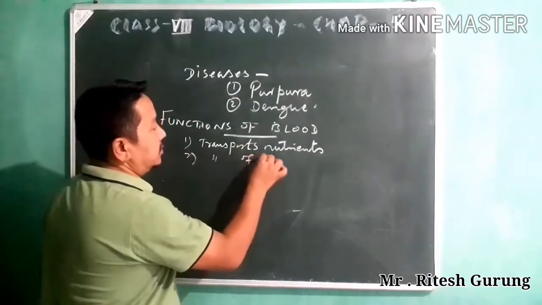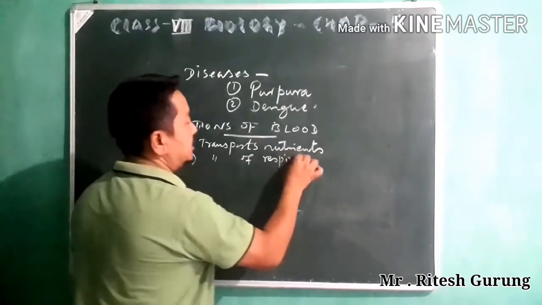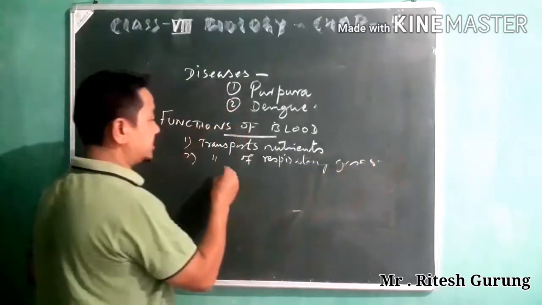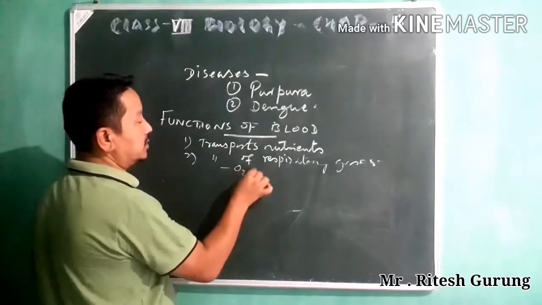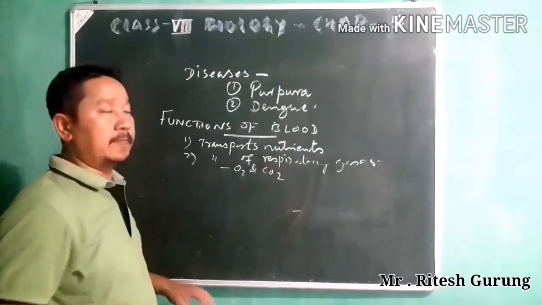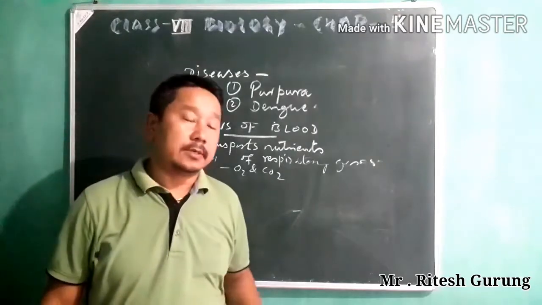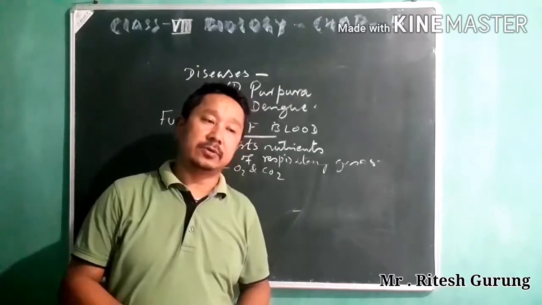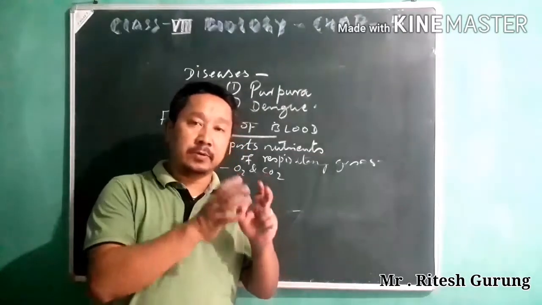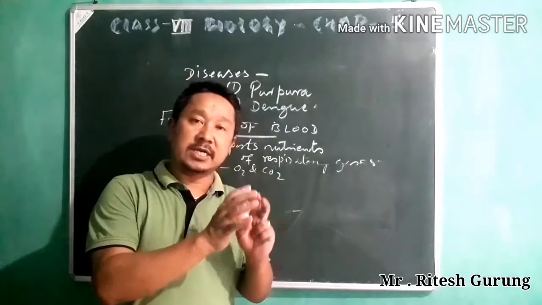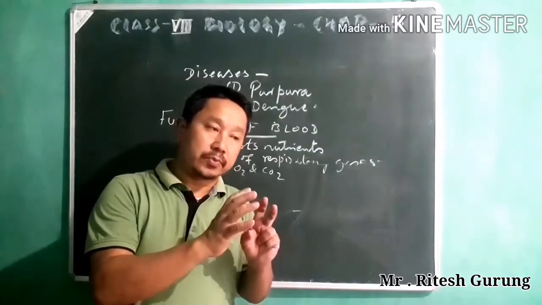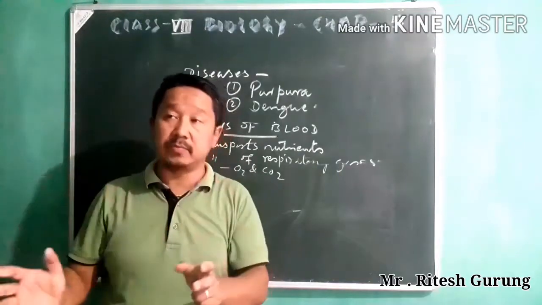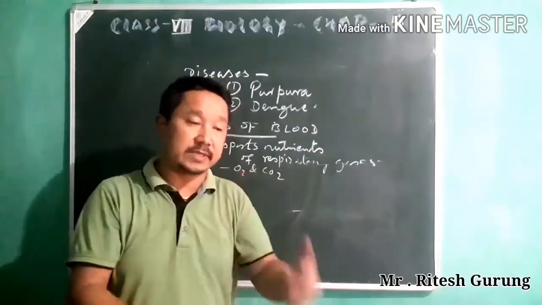Second, transport of respiratory gases. Respiratory gases are oxygen and carbon dioxide, which are transported from the lungs to the different parts of the body, and from different parts of the body back to the lungs. Let me tell you in detail.